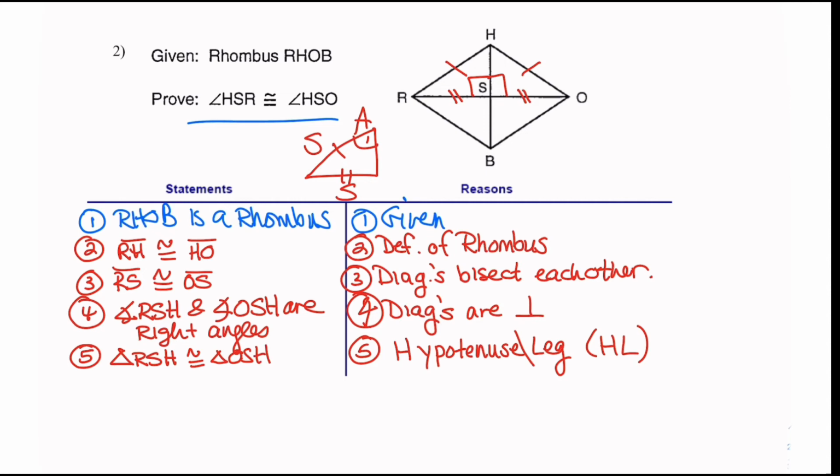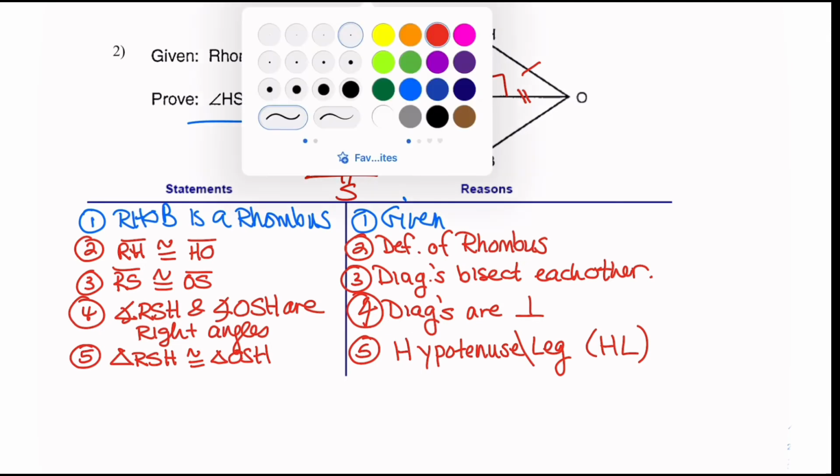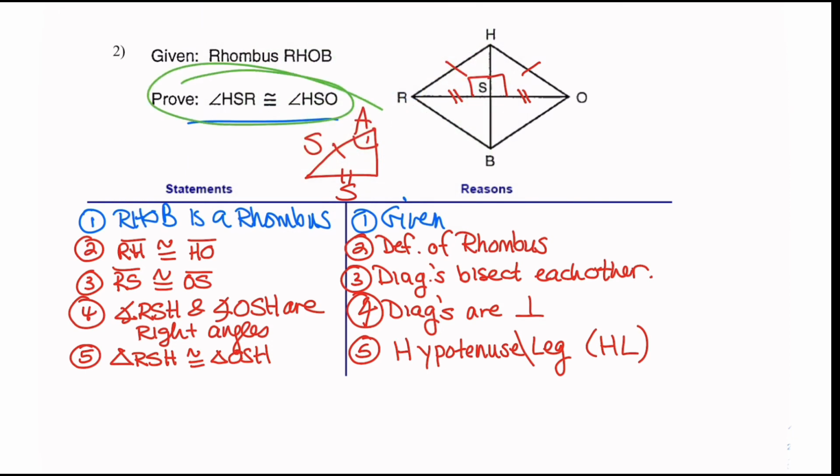We have one hypotenuse congruent to another hypotenuse and a leg congruent to a leg. And because of that, we can then make some statements about what we wanted up here. And that is that those two angles we just mentioned, RSH, is in fact going to be congruent to the other one.